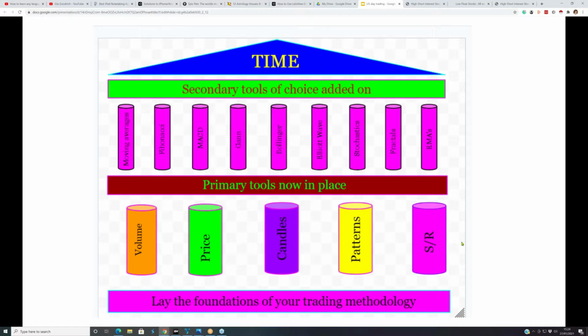And overriding all of it is time. Not just the time chart that you're trading, although sometimes we trade non-time based charts, i.e. tick charts and Renko charts, but we look at those in multiple time frames, so you don't just focus on one time frame. You look at a faster time frame and a slower time frame for some context.